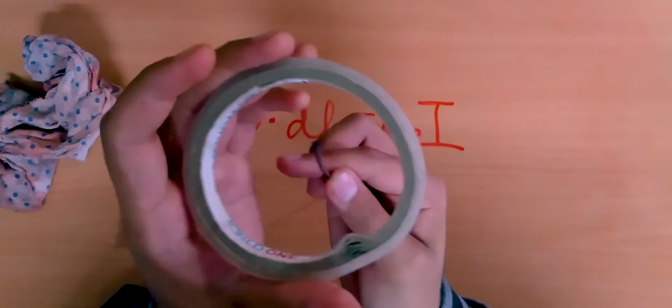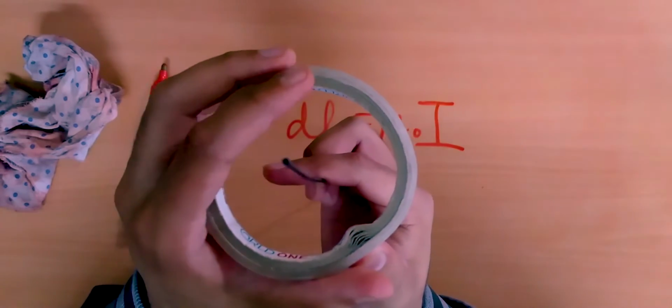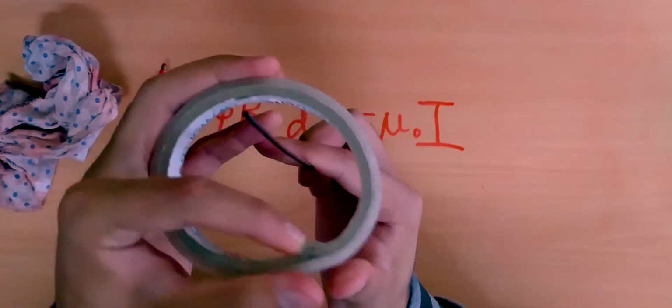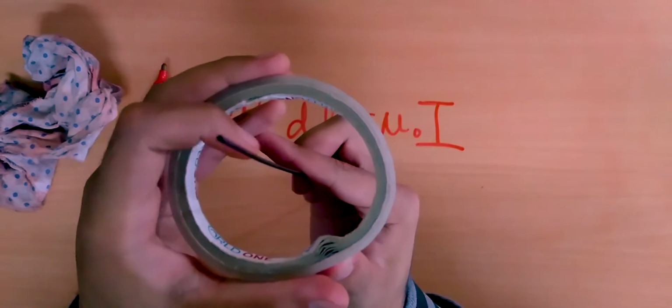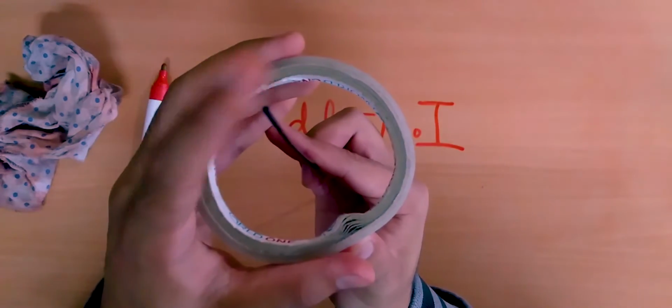then I hope you can imagine that the magnetic field at all points along this loop will be constant, right? Because the distance of every point on this loop is the same from the wire.